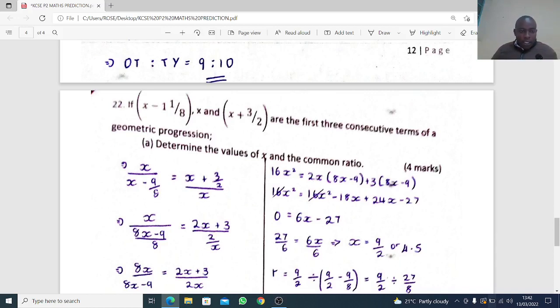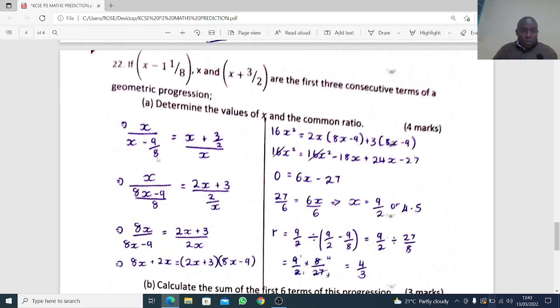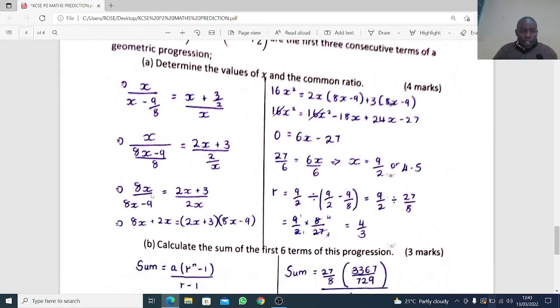So we know that to get the ratio, x over this equals this one over x. So x over x minus 9 over 8 will be equal to x plus 3 out of 2 over x. This over that, and this over this. So what you do, I have made this a single fraction. That is, it becomes 8x minus 9 over 8.